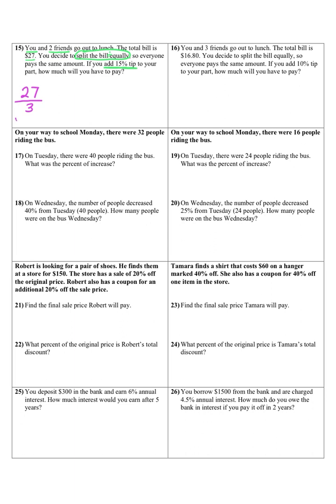Let's look at it. You plus 2 friends. You plus 2 makes 3 people total. So 3 people went to lunch. 27 divided by 3 means that your friends are counting on you to pay $9 of the bill.